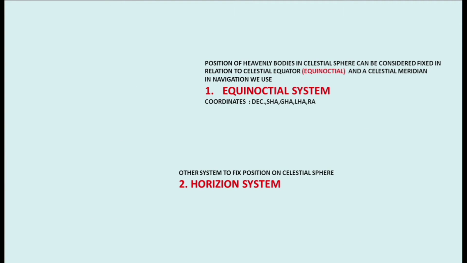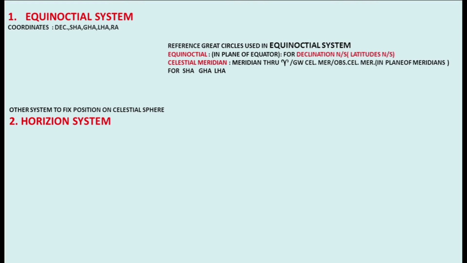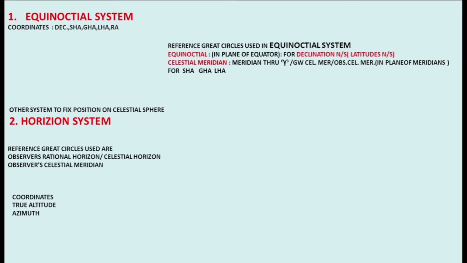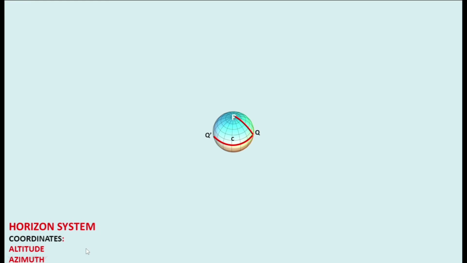The other system we use in navigation to fix the position on the celestial sphere is the horizon system. In the horizon system, the reference is taken from the observer's rational horizon and the observer's celestial meridian. And the coordinates we deal with are the true altitude and azimuth. Now, here, this is the observer and his position is given by the coordinates of latitude and longitude.